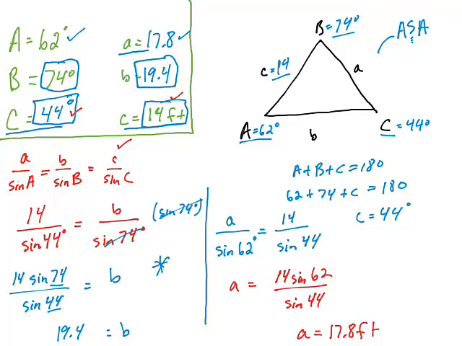While this isn't a guarantee that the values you found are correct, it is something to look for, because if we have, for example, the largest angle opposite the smallest side, we know something is wrong. So we need to go back and recalculate.